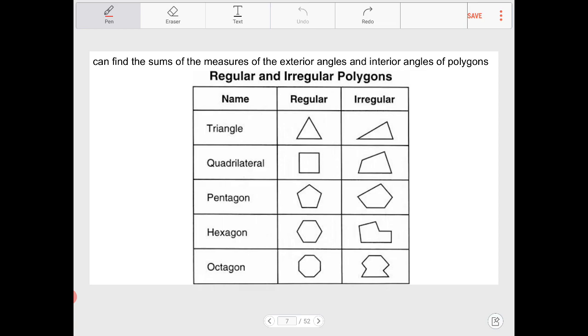We can talk about regular pentagons, regular hexagons, and regular octagons, and all of them will have all the sides the same and all the angles the same. An irregular quadrilateral, irregular pentagon, irregular hexagon, irregular octagon, all of these polygons will have different length measures and different angle measures.